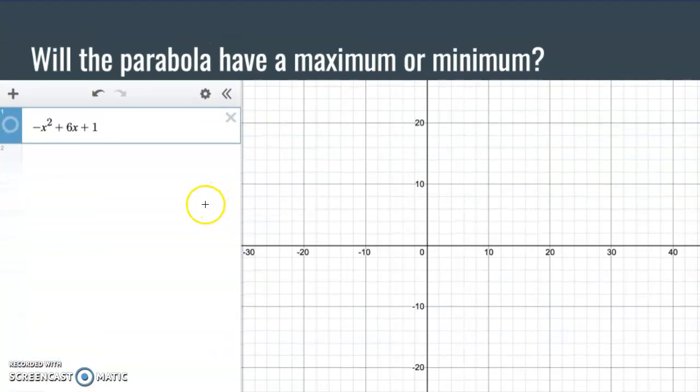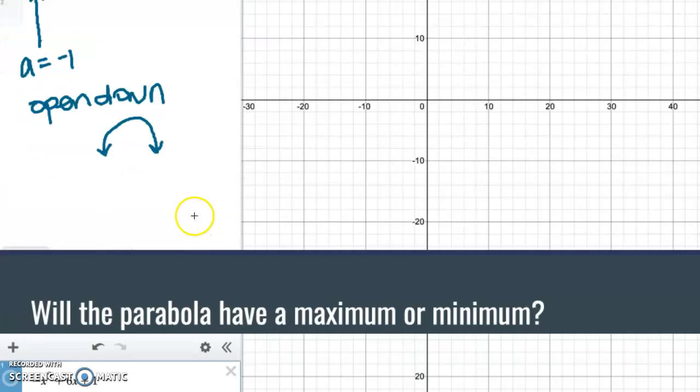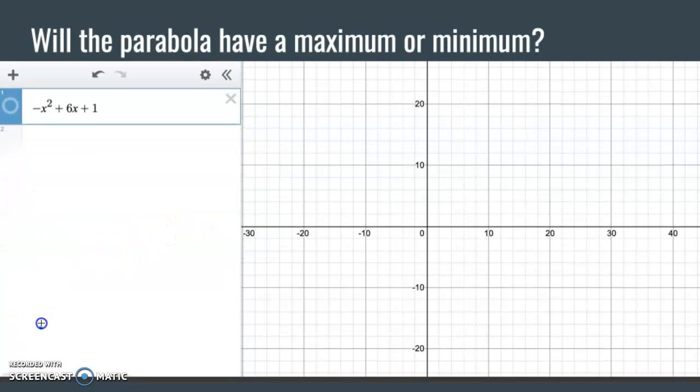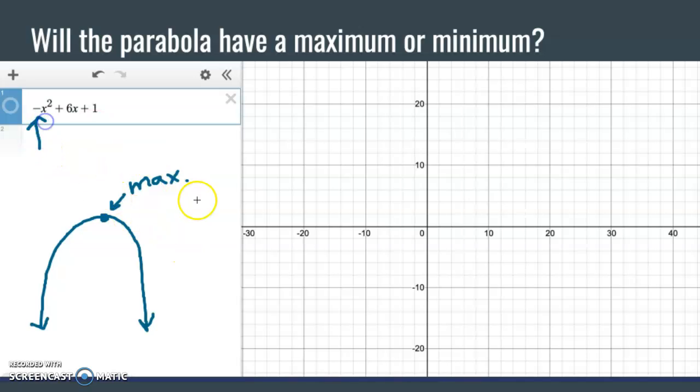Will the parabola have a maximum or minimum? Well, if it's going to be this upside-down U shape, that means it's going to have a highest point up here. It's going to have a maximum for this particular example because of that leading coefficient of -1.